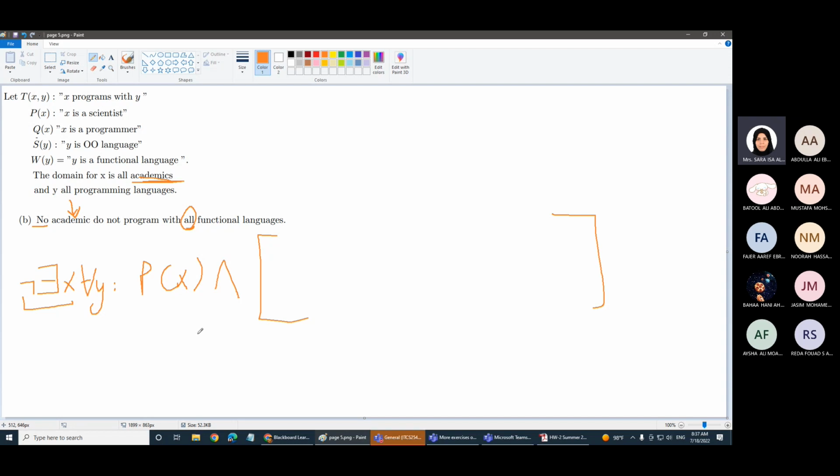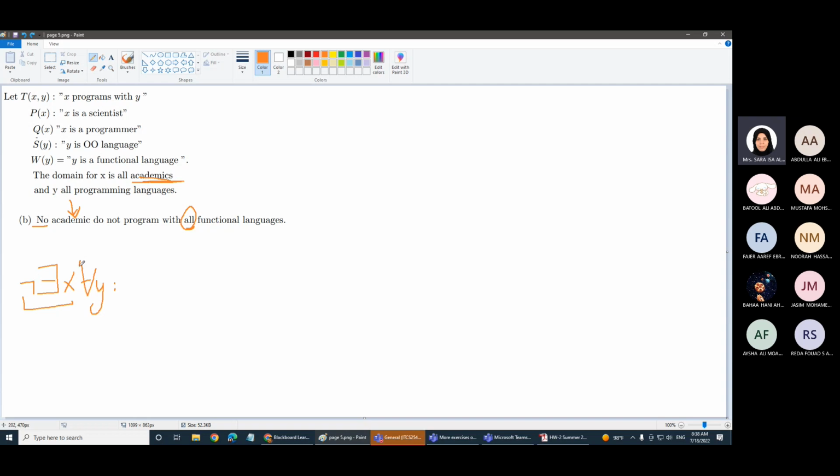So this whole adjective part is cancelled. I will remove all of this because there is no adjective. But if there were an adjective, I would have to put the adjective and then a big parenthesis for the second variable's adjective. Do not forget this big parenthesis. Here there is no adjective. They said academic, and academic represents my domain.